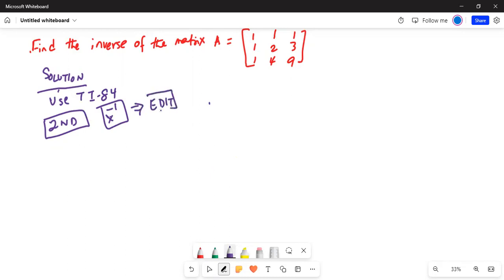Put the cursor on Edit and then select number 1. Then on your screen, you have this.